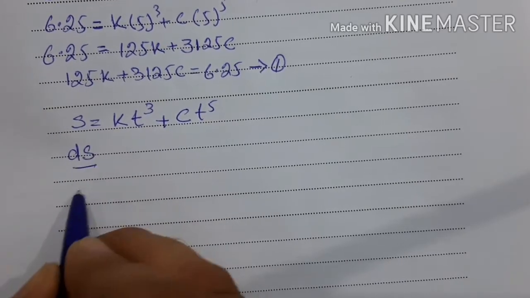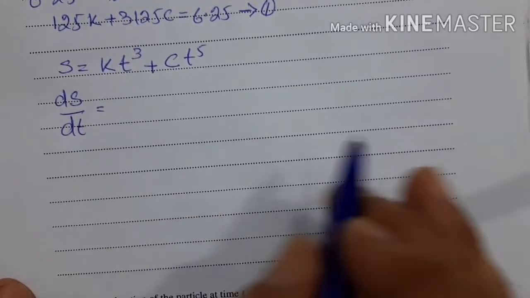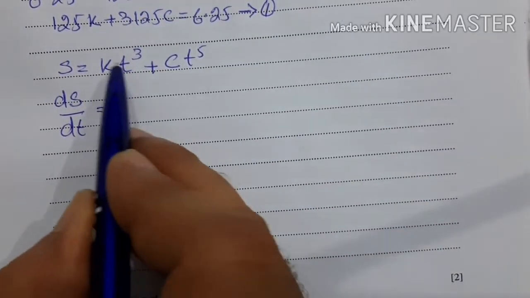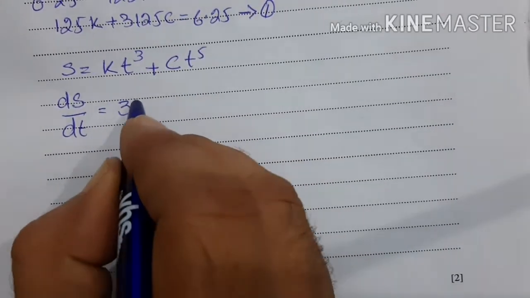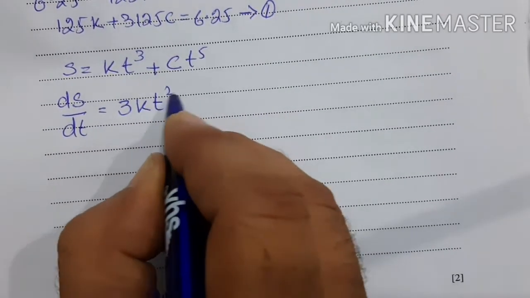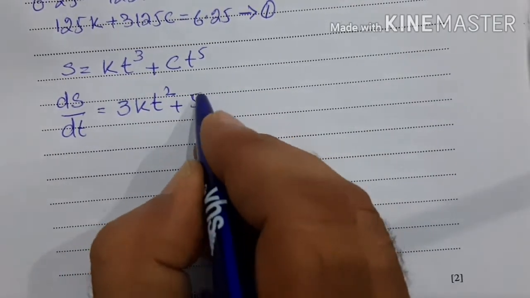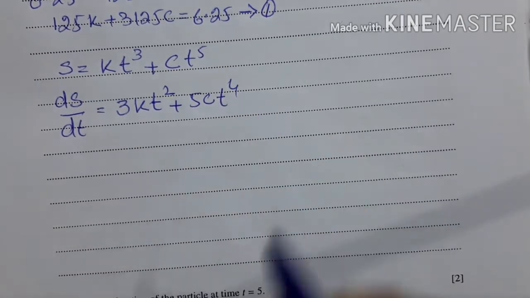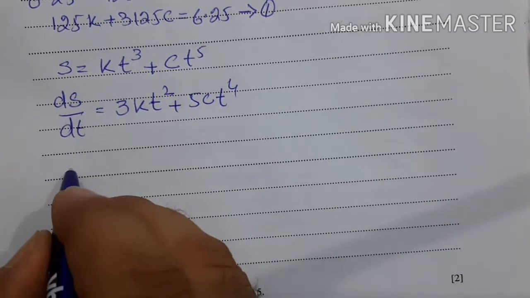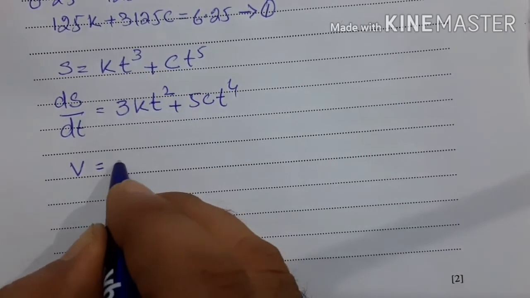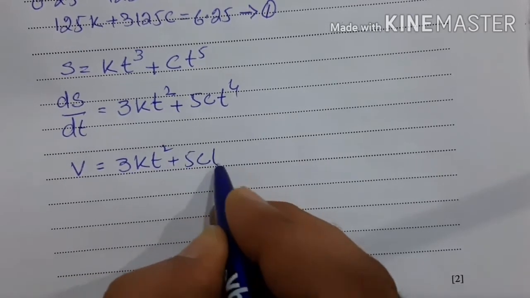So ds by dt: k is constant, so this will become 3kt squared, plus c is constant, so 5ct to the power 4. Now this ds by dt means velocity, so velocity is 3kt squared plus 5ct to the power 4.